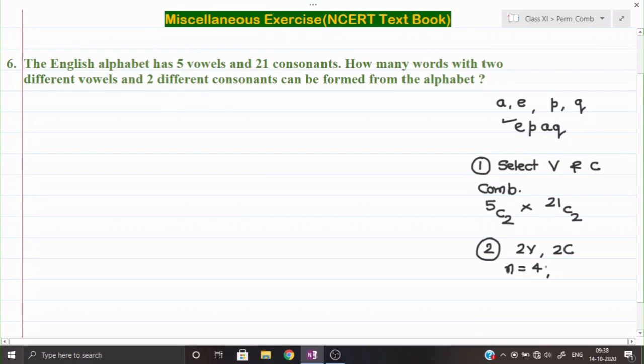Sometimes we may make a 3 letter word, but here we have to form the 4 letter word only. So the value of r is again 4, and therefore the total permutation of such words will be 4P4. Again, it is also part of the process, so it will be multiplied with the earlier combinations we have written.